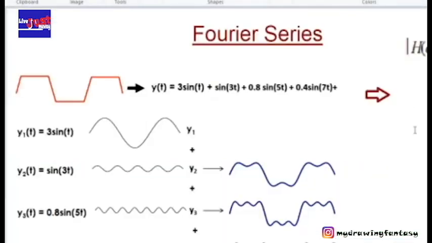Now, to conclude this session, you can figure out where the Fourier series is used. If you want to decompose a complex signal into a couple of sine waves or cosine waves, you can use the Fourier series. Why do you have to do it?